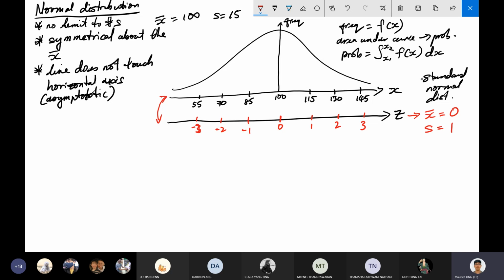So how do we convert between the x and z-axis? The z-axis is sometimes also known as the z-score. The equation to convert is z equals whatever x value you want to convert, minus the mean, divided by the standard deviation. So you are looking at how many standard deviations away from the mean.